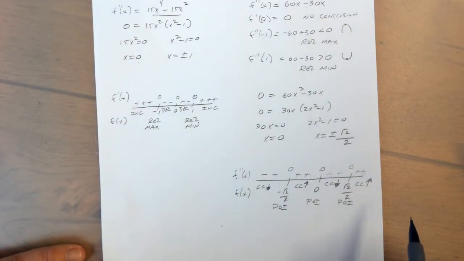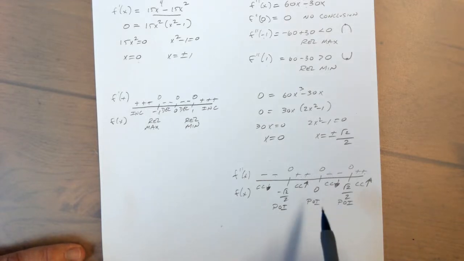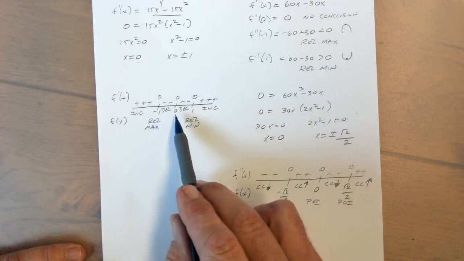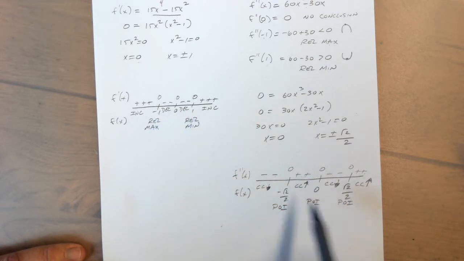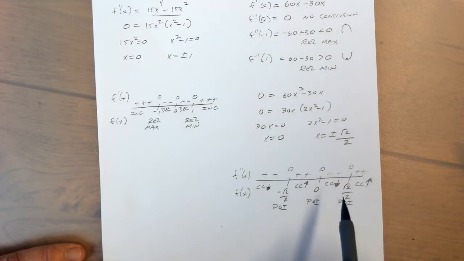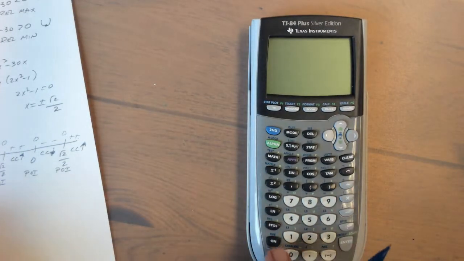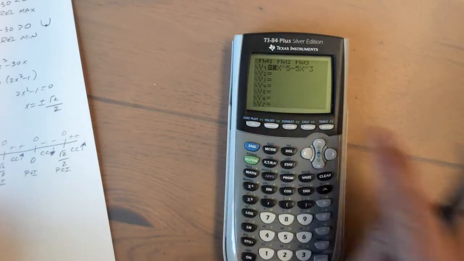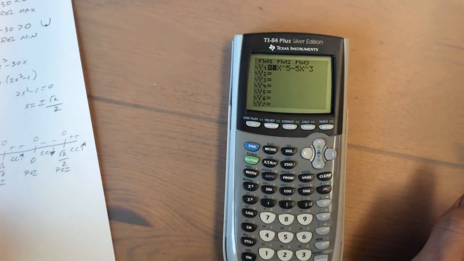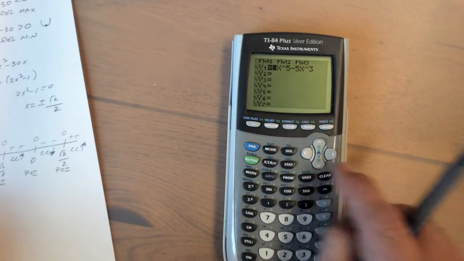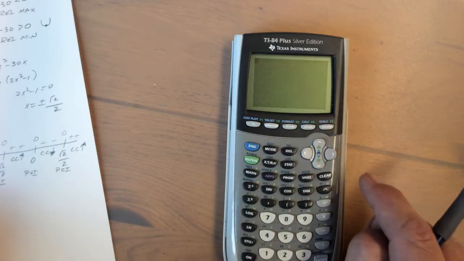So now that I have all of this information, we're ready to sketch the graph. I do want some function values, and specifically I want them at our critical numbers. So I will substitute -1, 0, 1, -√2 over 2, and √2 over 2 into the function. Let me show you a quick way to find some function values on the calculator. Into y equals, I entered our function, then went back to the home screen.